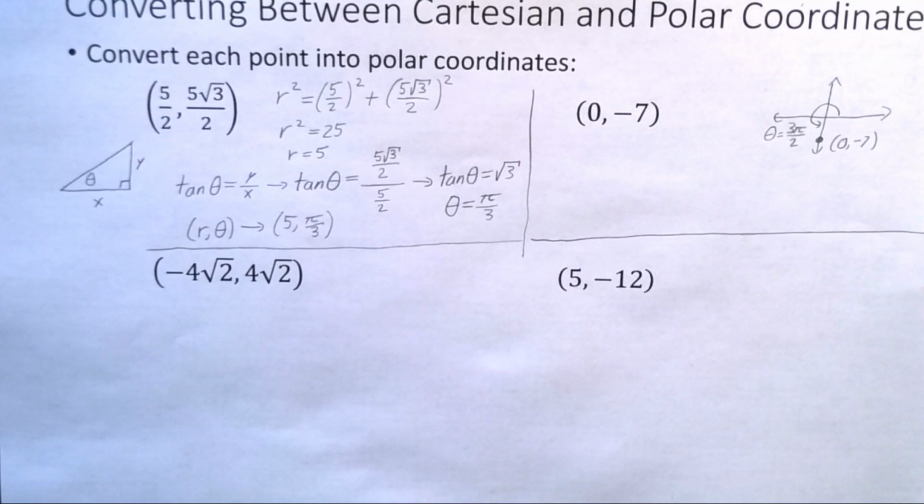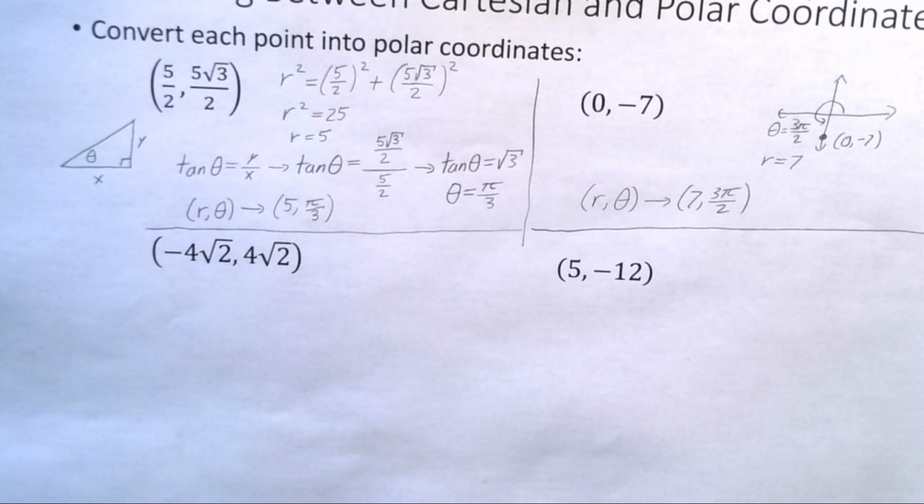We also note that this point is 7 units below the origin, as we can go straight from 0 to negative 7 on the y-axis and reach the point. So that gives us a radius of 7. Combining these ideas, we find that the coordinates are 7 comma 3 pi over 2 for this point.